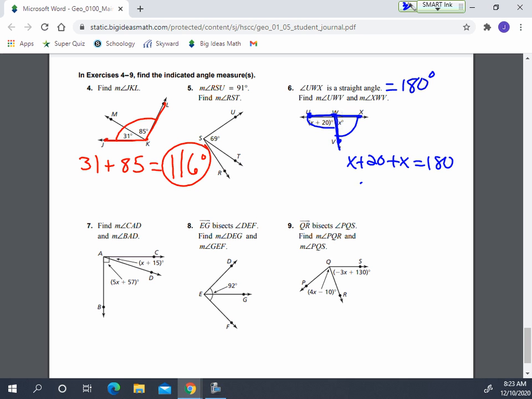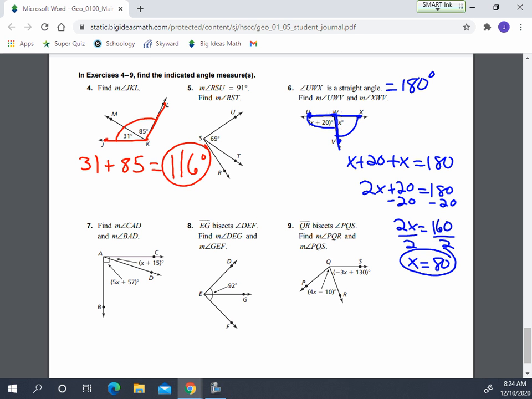From there, we get 2x plus 20, combined like terms, is equal to 180. We subtract 20 from both sides. We get 2x is equal to 160. Divide by 2. We get x is equal to 80.